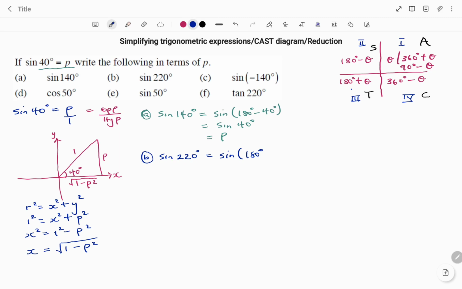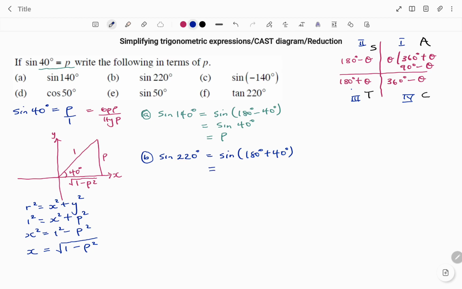Now to find the value I'm going to add, if I deduct 180 degrees from 220 degrees, I'm going to have 40 degrees. So that will be plus 40 degrees. You must always double check to see that 180 degrees plus 40 degrees will give you 220 degrees.